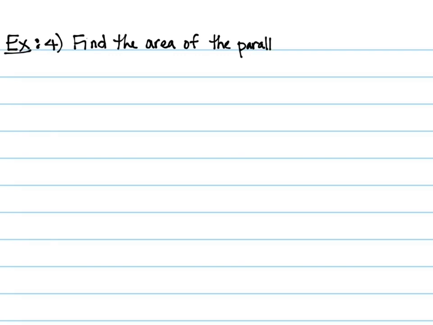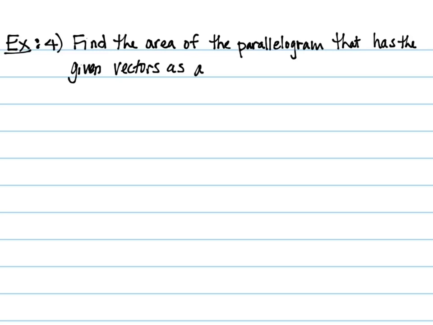Okay, one more example and we'll be done with cross products, or at least the lesson for cross products. Number 4. We're going to find the area of the parallelogram that has the given vectors as adjacent sides.